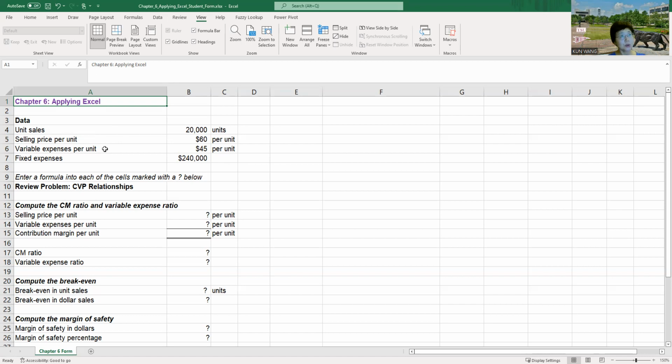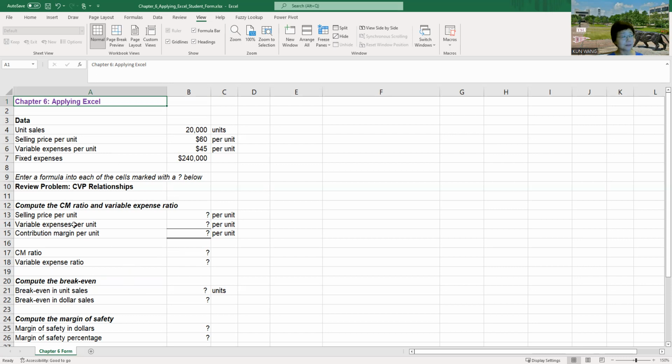I want to understand my break-even point, and if I want to achieve a certain level of profit, what level of sales volume I need to reach given the current pricing and cost information, and how safely I'm operating beyond my break-even.